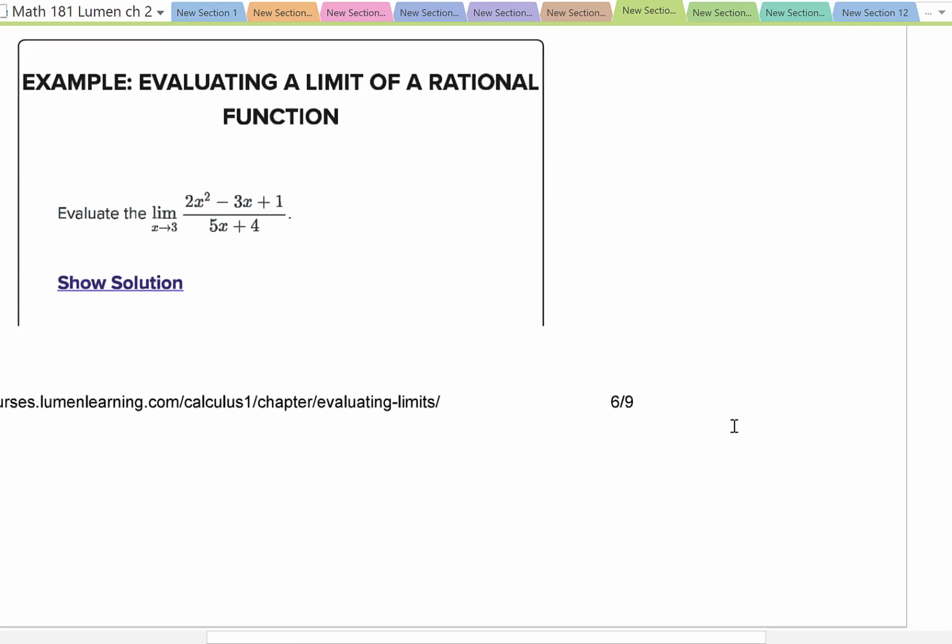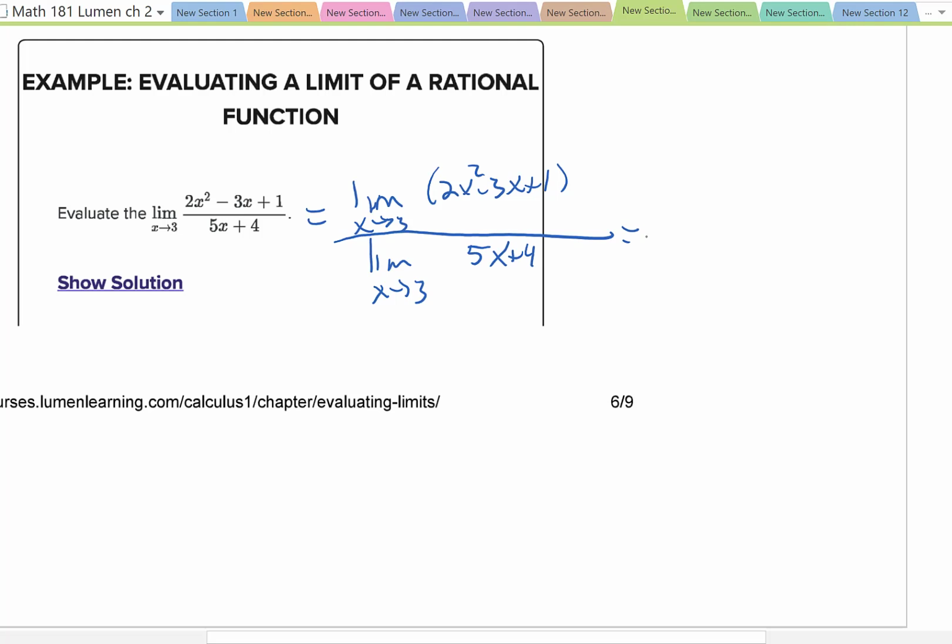So let's try this now. This would be the limit as x approaches 3 of 2x squared minus 3x plus 1, over the limit as x approaches 3 of 5x plus 4. Sorry about that, let me get my magic eraser there. So what do we have there?